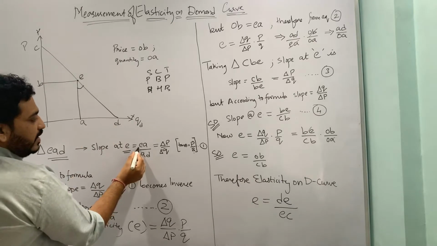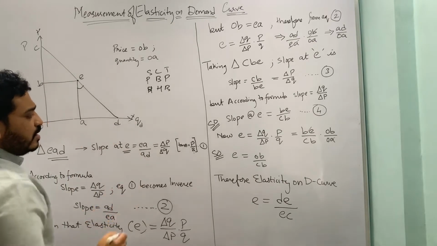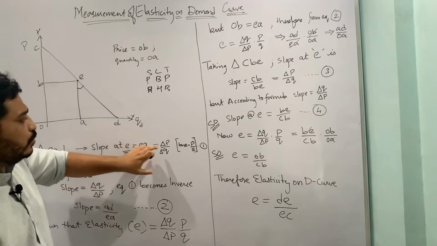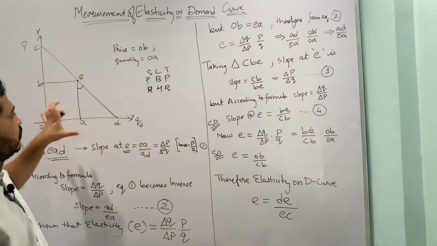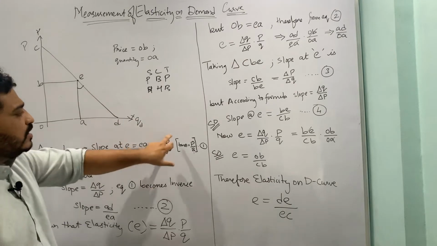So, it is given by EA divided by AD, but this is equal to delta P divided by delta Q. This distance is talking about the change in price relative to the change in quantity.